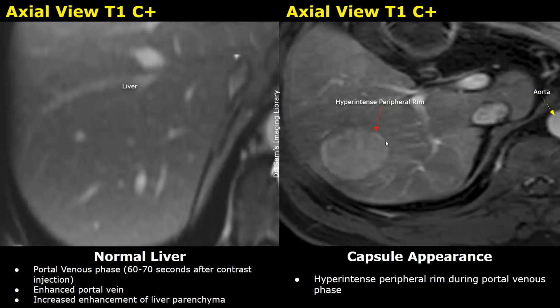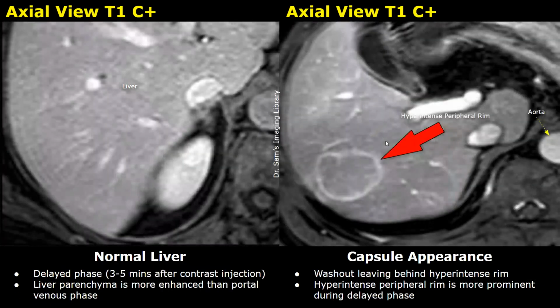After the portal venous phase, we have delayed phase, that is 3 to 5 minutes after contrast injection. The liver parenchyma is more enhanced in this phase. It is brighter. The capsule appearance can be seen more clearly during this delayed phase. The hyperintense peripheral rim is more prominent.